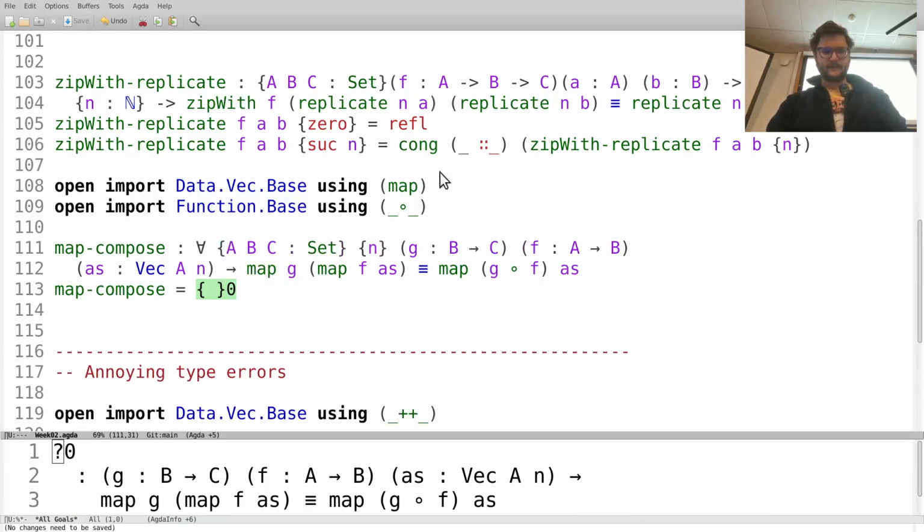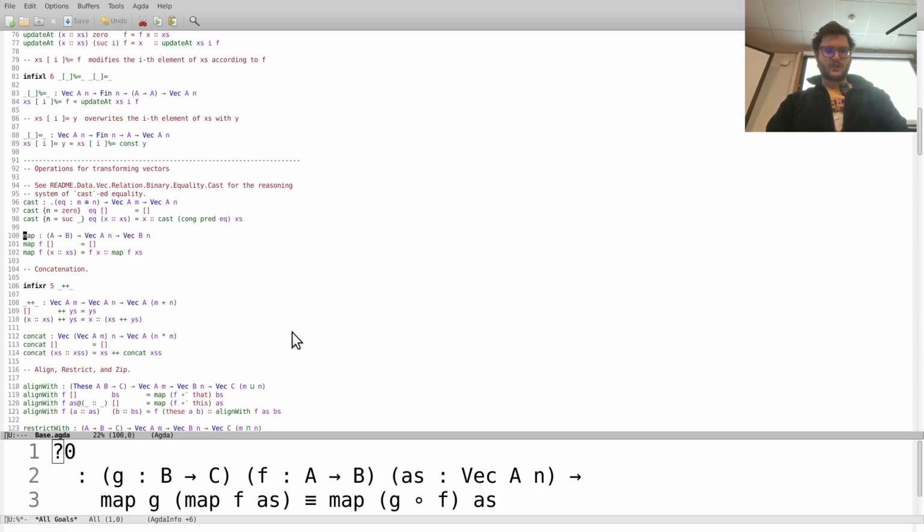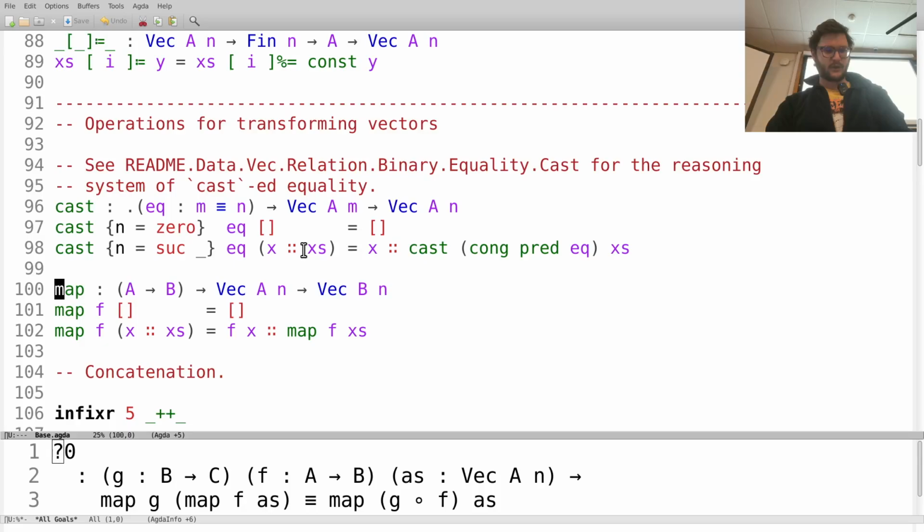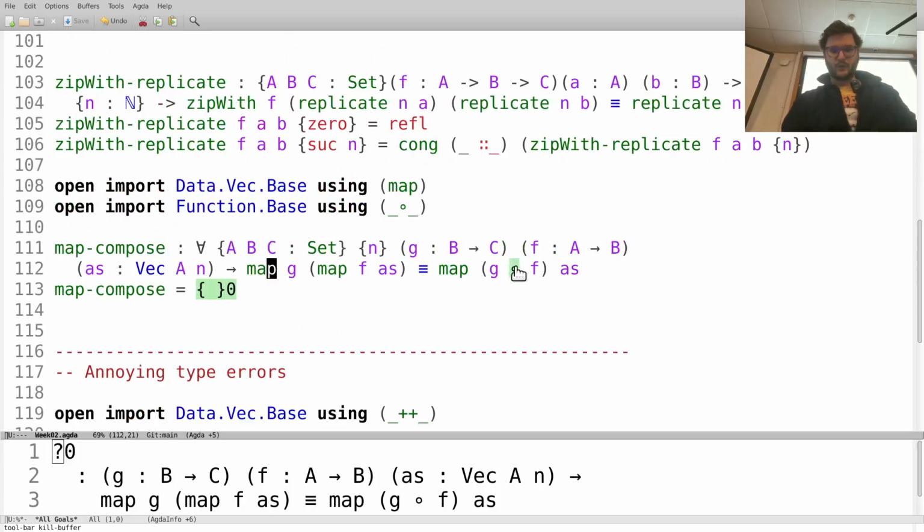Okay. So let me just jump to the definition so that we're sure we're all on board. Map is taking a function from A to B, a vector of A's, and returning a vector of B's by simply applying the function to every single element in the vector in turn. And then composition.